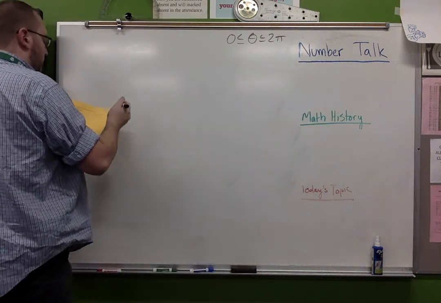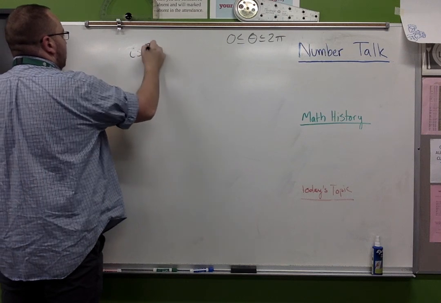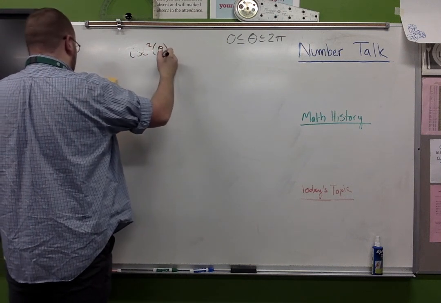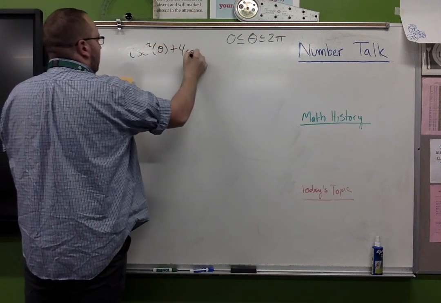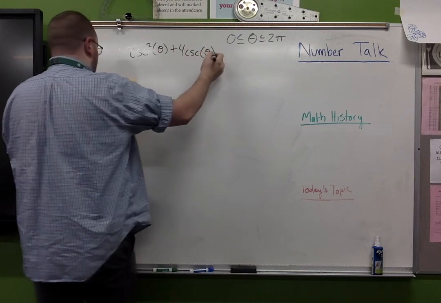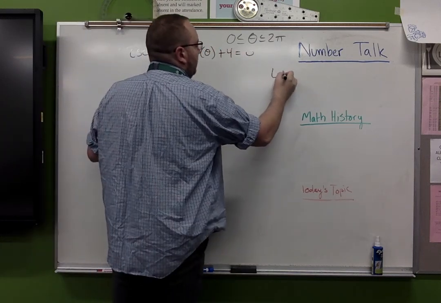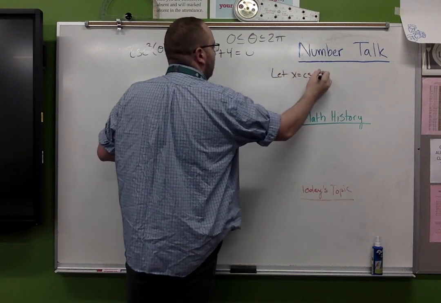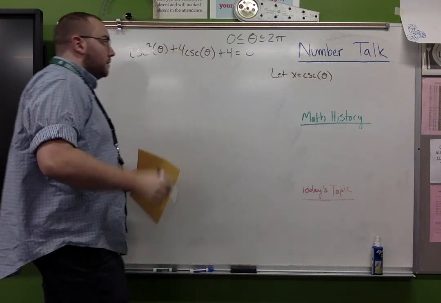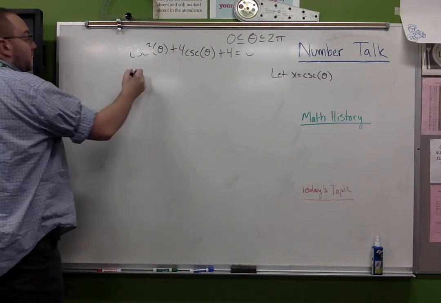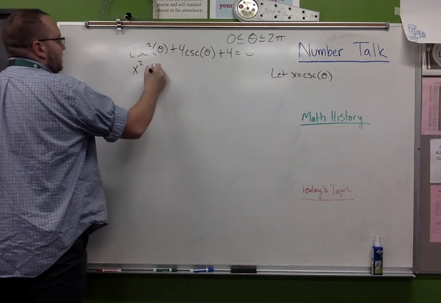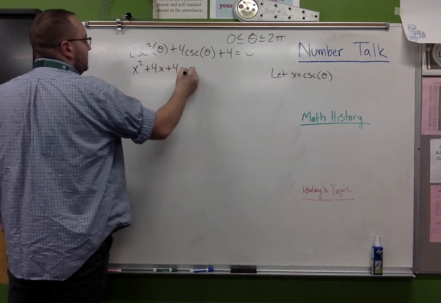Next one. Cosecant squared of theta plus 4 cosecant of theta plus 4 is equal to 0. We're going to let x equal the cosecant of theta. So here we have x squared plus 4x plus 4 equals 0.